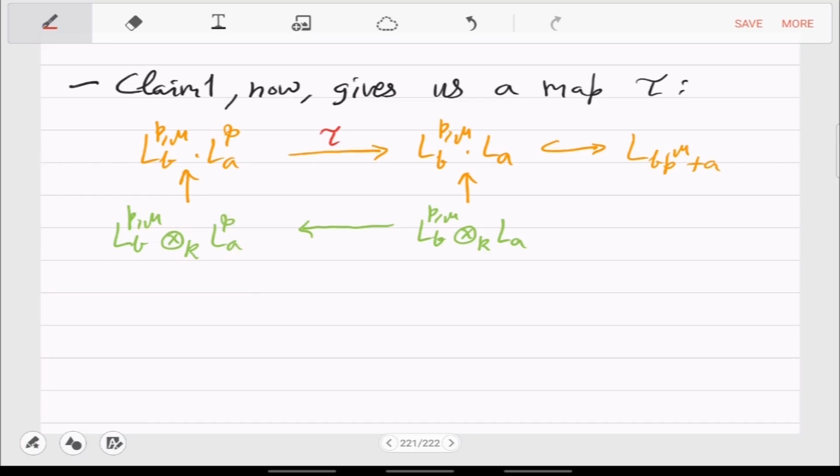So this is by claim 1. By claim 1, this is actually an isomorphism. It's injective, but also these were finite dimensional vector spaces, so you actually get an isomorphism, and this is the multiplication happening.